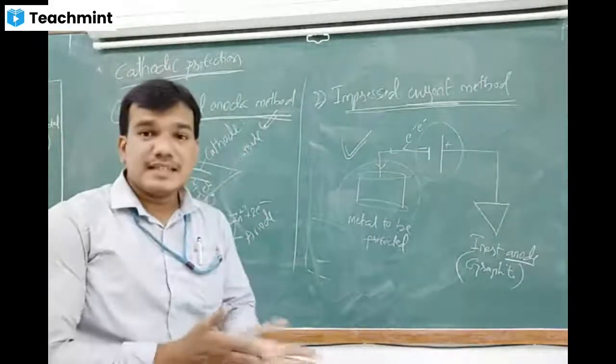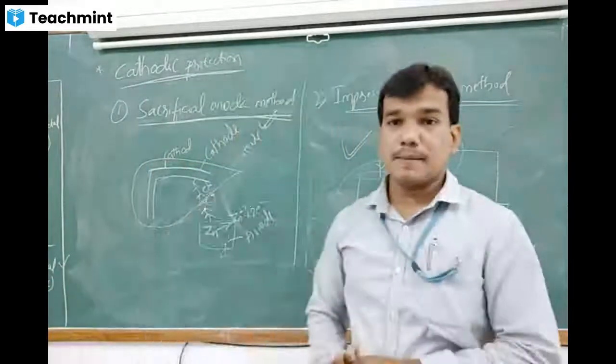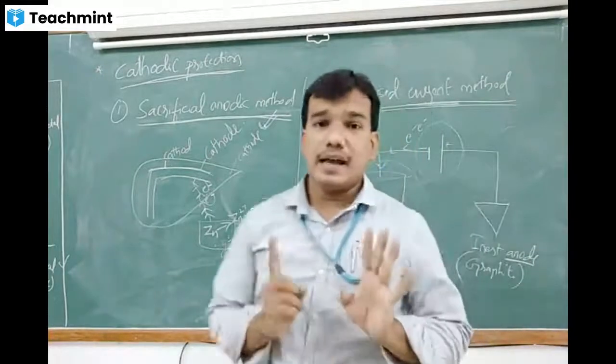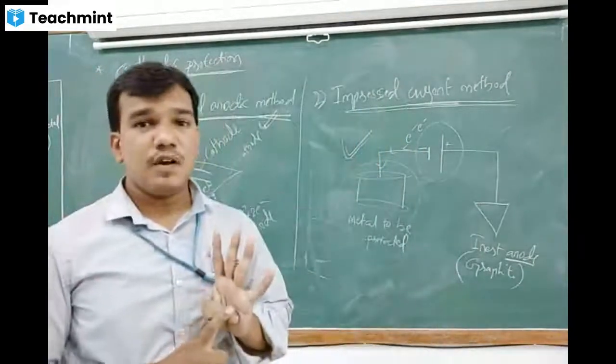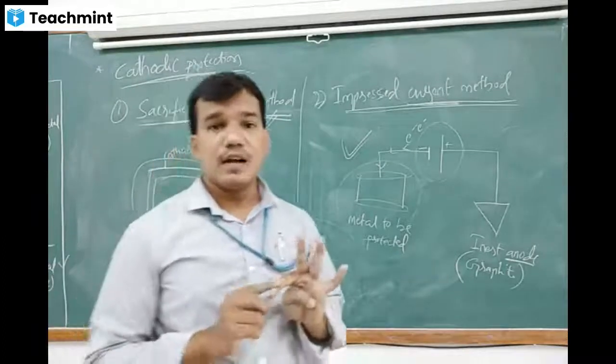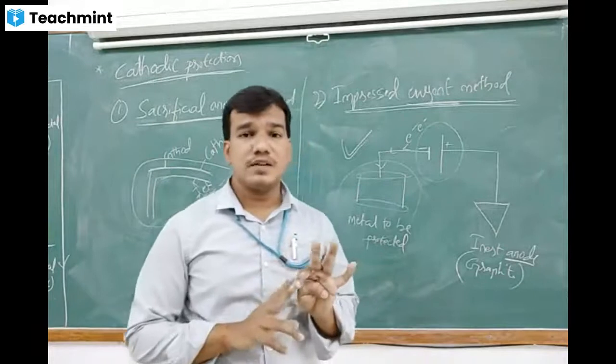So this completes the corrosion chapter. What are the important topics? Electrochemical theory of corrosion and types of corrosion: there are two types, differential aeration and differential metal.